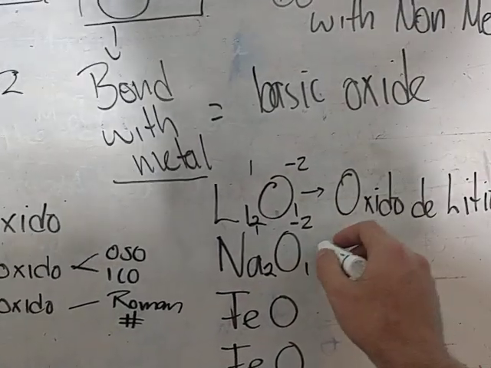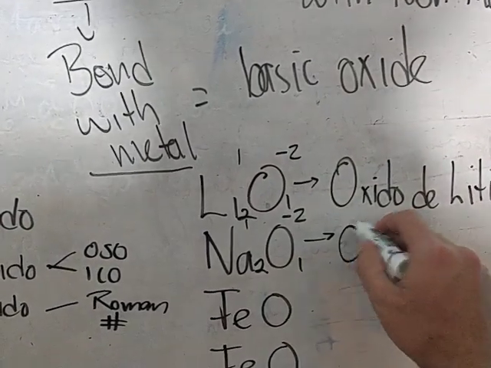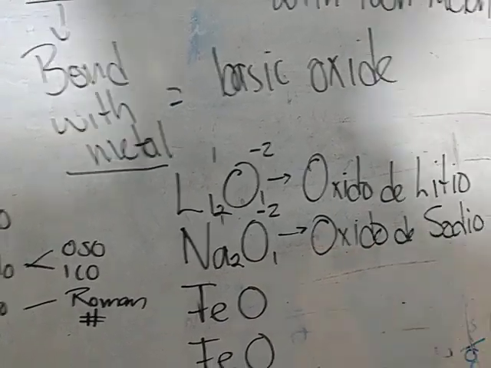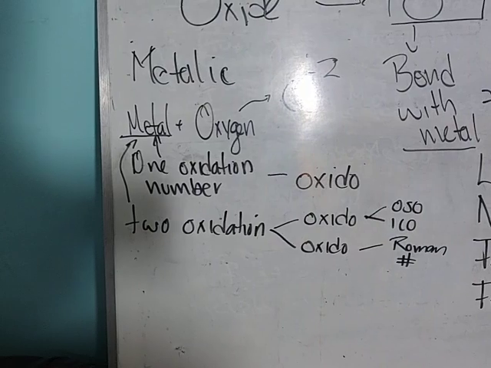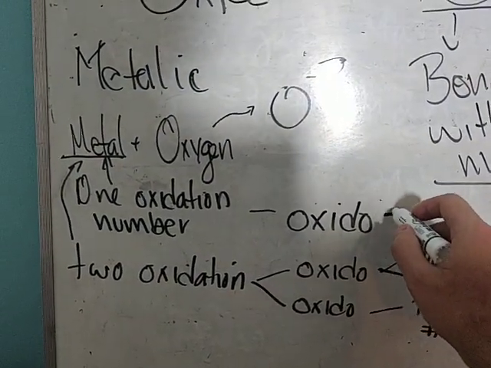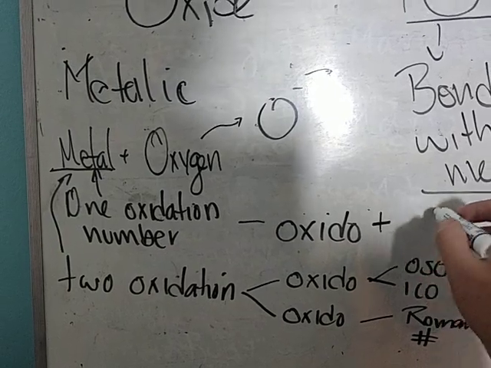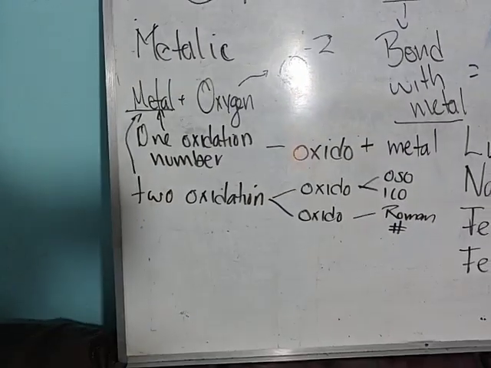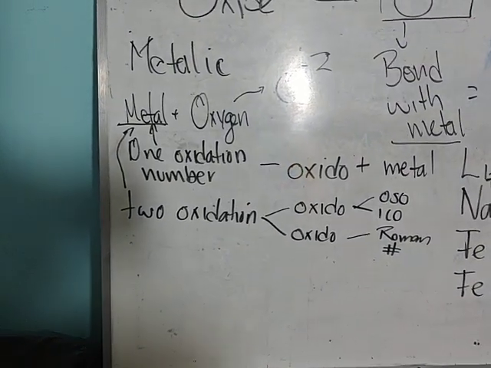In this case, I can give the name óxido de sodio. That happens when I have what? When I have one oxidation number, it is going to be óxido and the metal.